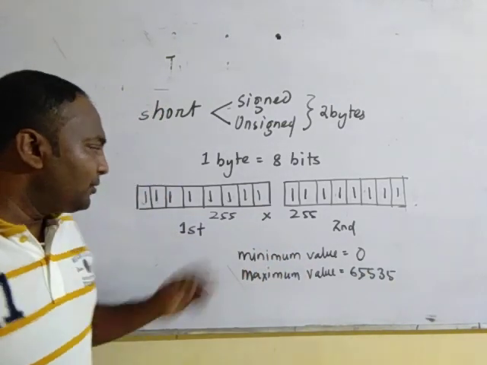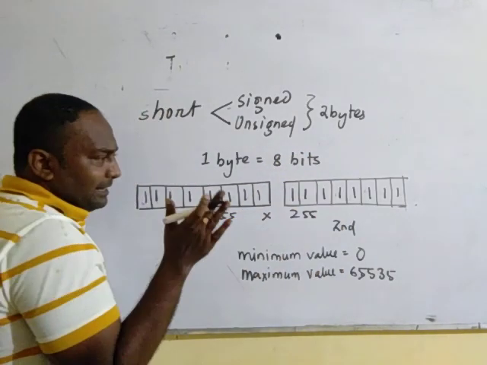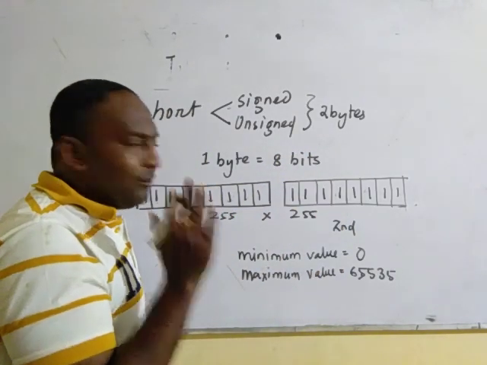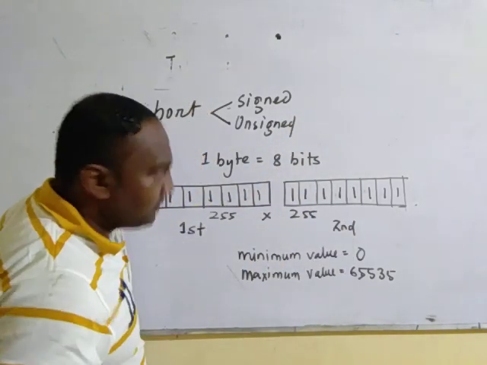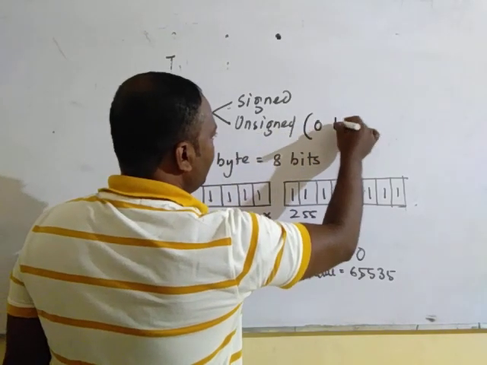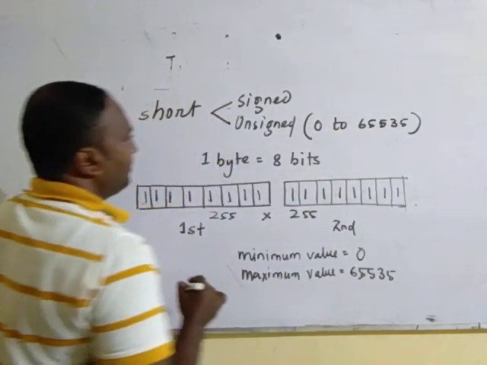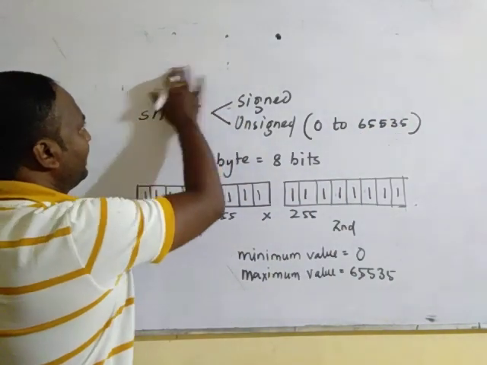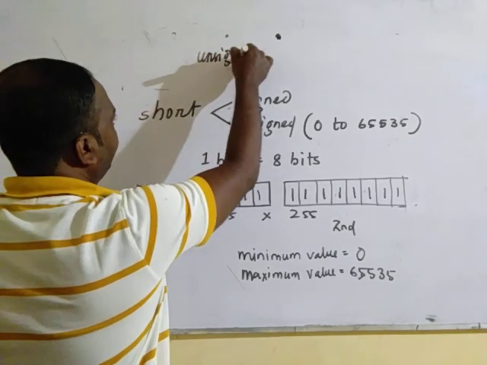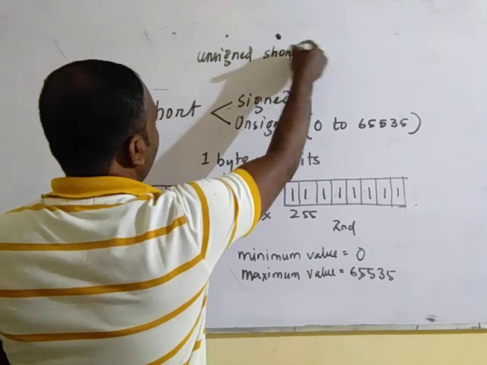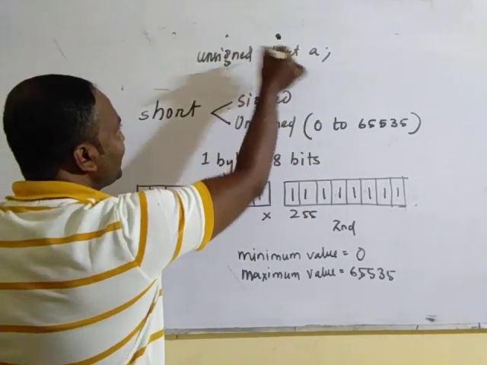Okay. So the range of this is 0 to 65,535. If there is no sign, means there are no negative numbers, it is unsigned. Let's understand this. If I write down unsigned short A, I have declared a variable A which is unsigned short.